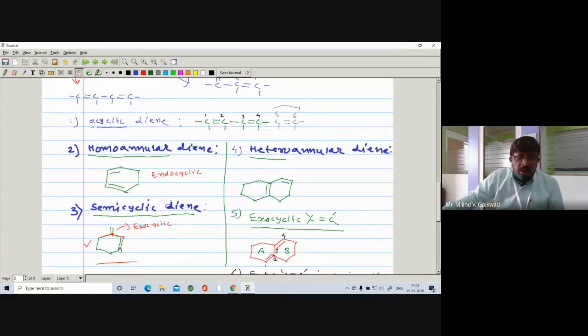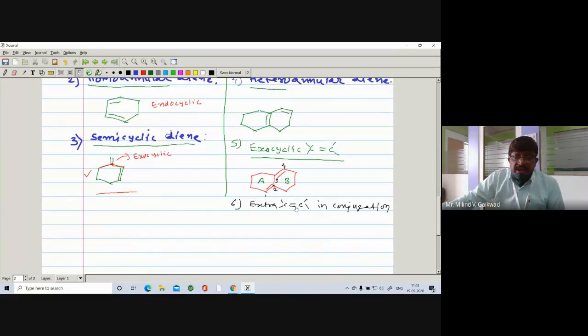Semi-cyclic diene: one pi bond is present in a ring and the other is outside the ring. Exocyclic carbon double bond: the pi bond is part of the system, meaning a homoannular, heteroannular, or semi-cyclic diene, with at least two pi bonds in conjugation. If that pi bond comes out from the ring, it is called an exocyclic carbon double bond.